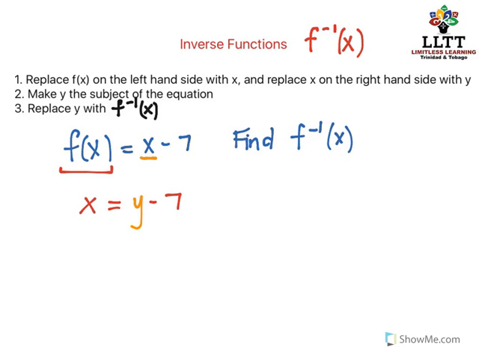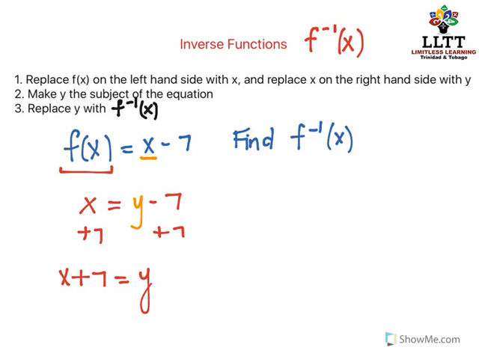Step 2 means make y the subject of our equation. So I want y on one side alone, so the best thing to do would be to add 7 to both sides. On the left-hand side I get x plus 7. On my right-hand side I get y minus 7 plus 7. Minus 7 plus 7 is going to be 0, so that's y plus 0, and anything plus 0 is itself.